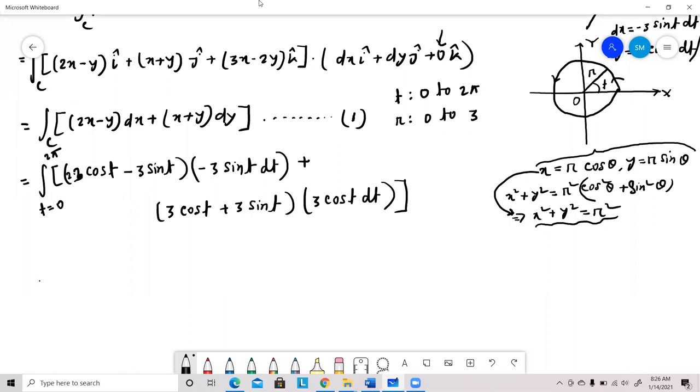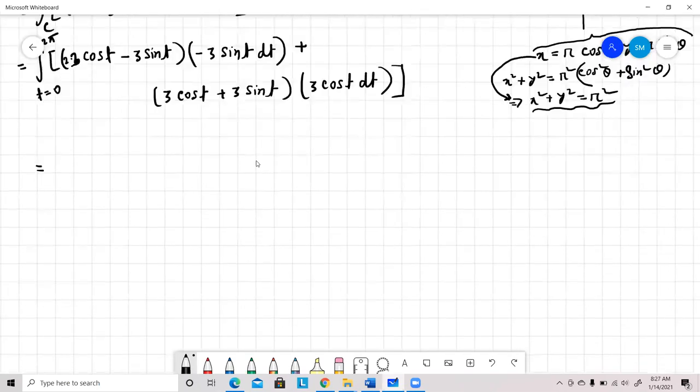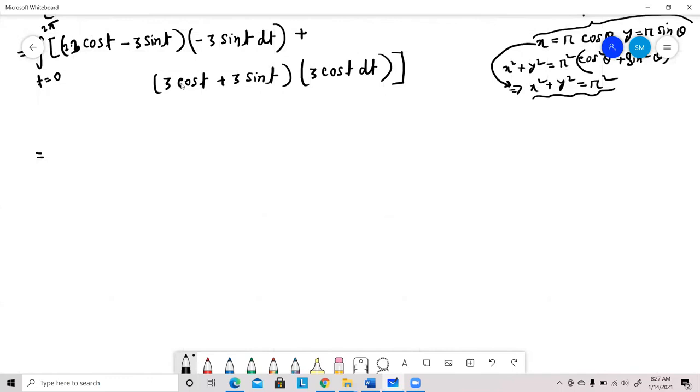Now after simplification we get the integration from 0 to twice pi, and we get minus, if we multiply the first term 6 into 3, that is minus 18 cos t sin t dt plus 9 sin square t dt.